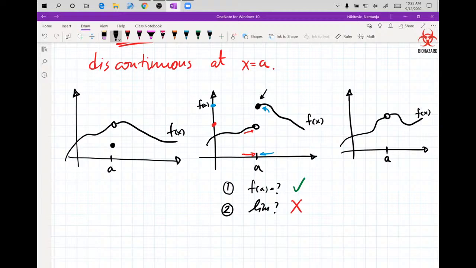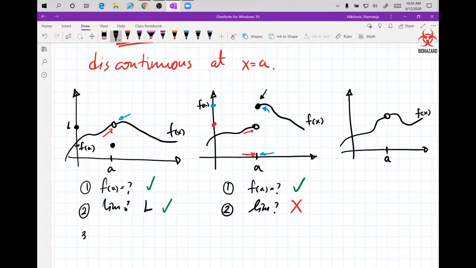How about the first picture? Do we have f of a? Yes, right here, f of a. So it passes that one. How about the limit? Do I have the limit? Also yes, very good. When I approach from the left, when I approach from the right, I always get this value here, L. So I do have that one as well.